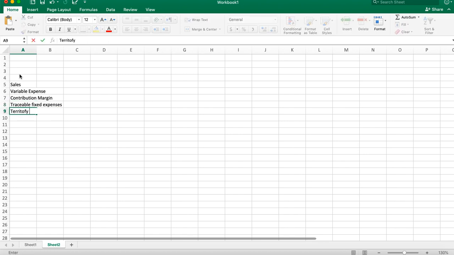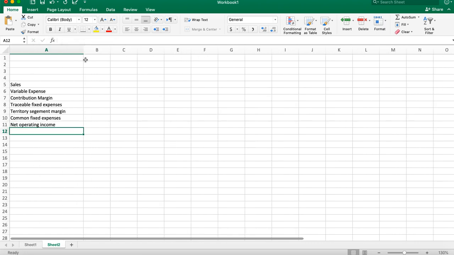My territory segment margin, my common fixed expenses, those that are common to the entire company, and then finally my net operating income. And I should have the same net operating income as was given. We're just simply separating out what we can by territory.